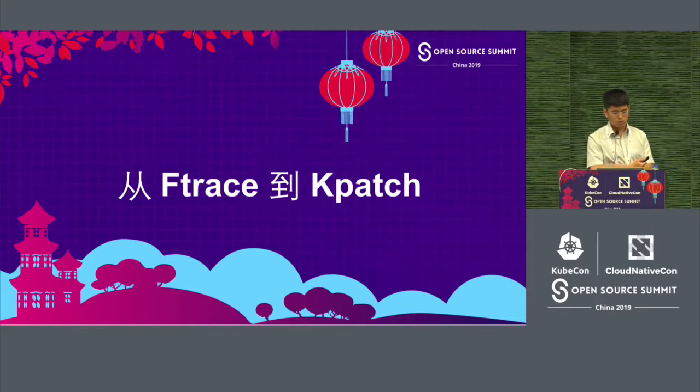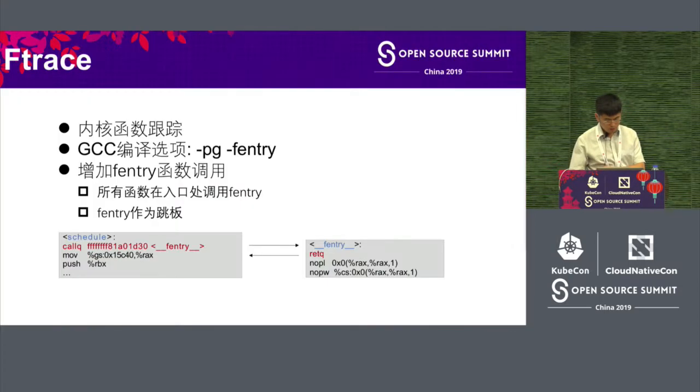So first, let's talk about trace. We are using the FTrace mechanism in live patching. FTrace, what is it? It is a tracer for kernel functions, and if we're using FTrace, then we are analyzing certain events in the kernel, for example, scheduling and interrupts.